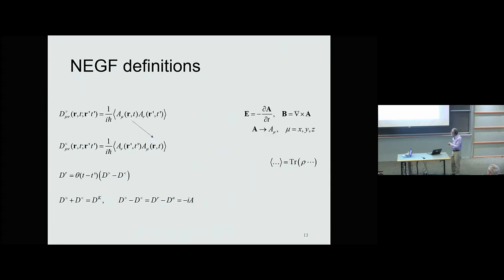Okay, let's take a more careful look. You have this greater and less. For greater, you put A in the order as in the argument, but in the case of less, you switch the order, and because the operators do not commute, these two are different, and the difference gives you the retarded component.